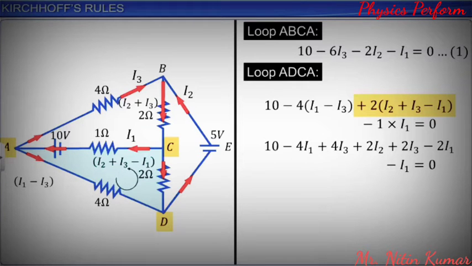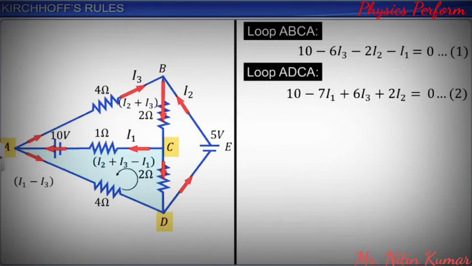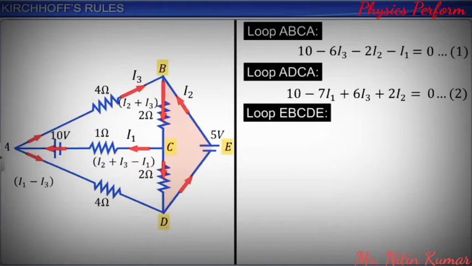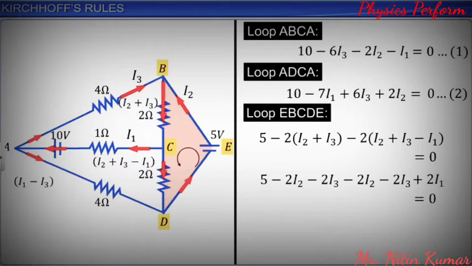Loop ABCDE. Let us start from the negative terminal of the 5-volt battery and walk through the loop in an anti-clockwise direction. Add the potential changes and equate it to 0. Substituting the values of the potential changes across the resistors and that of the cell in the loop, and simplifying, we get equation 3. We have so far obtained 3 simultaneous equations with 3 unknowns.